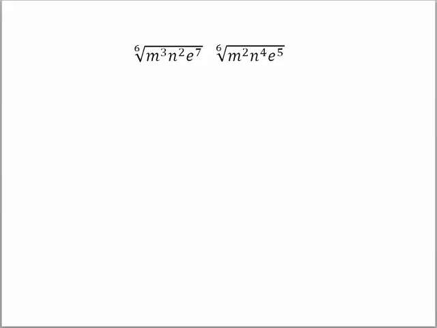In this problem, we're going to multiply two radicals together. Now, they have the same root, so we can multiply them together. We can actually put them all together. So let's put it underneath one radical.